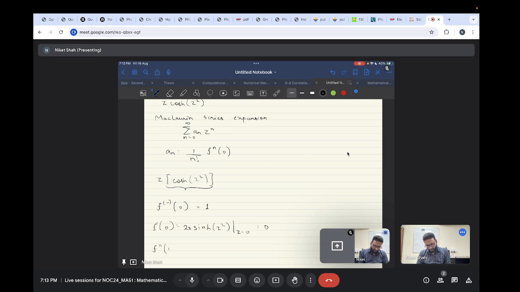Second derivative is 2 sinh z square plus 4z cubed cosh z square.